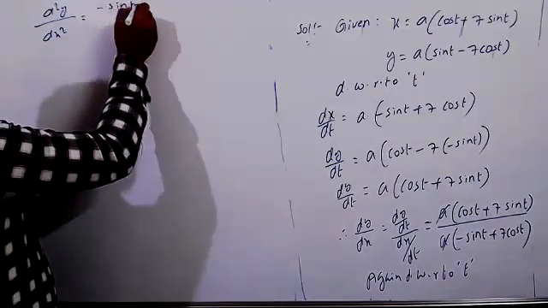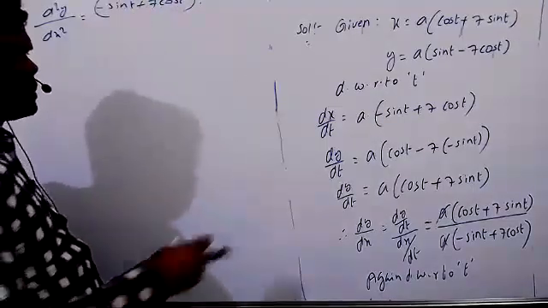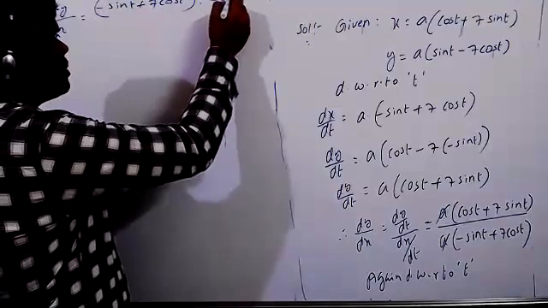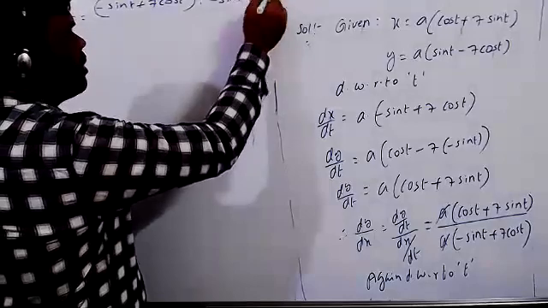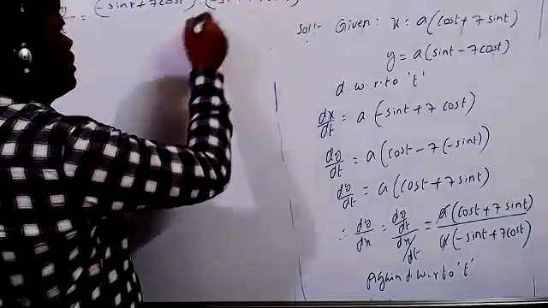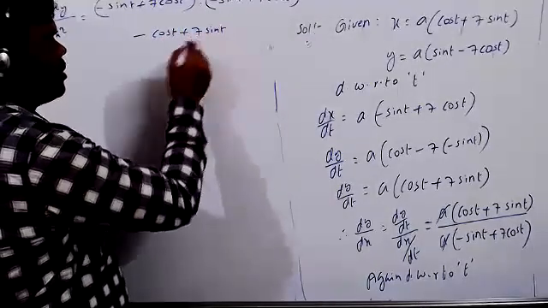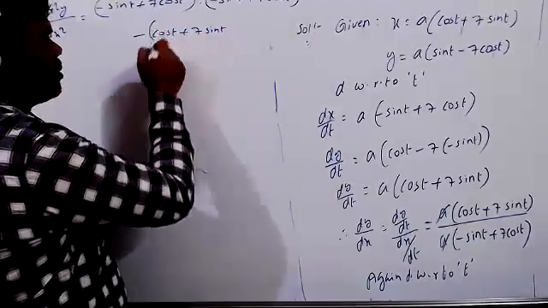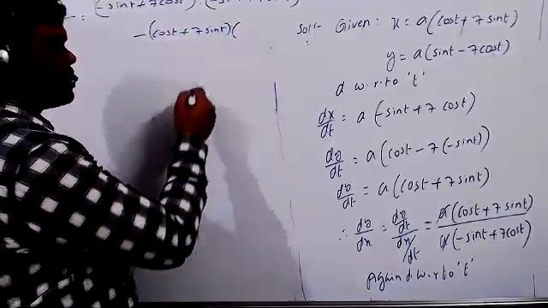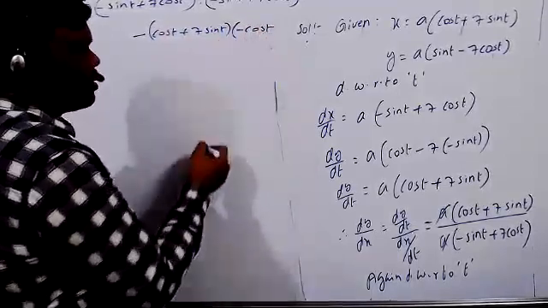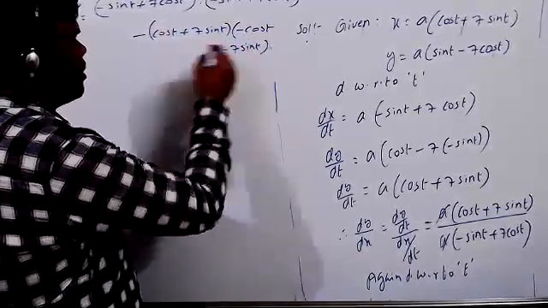Minus sin t plus 7 into cos t into the differentiation of cos t, which is minus sin t plus 7 into sin t, which is cos t, minus cos t plus 7 sin t into the differentiation of v, which is minus cos t minus 7 sin t, whole by.